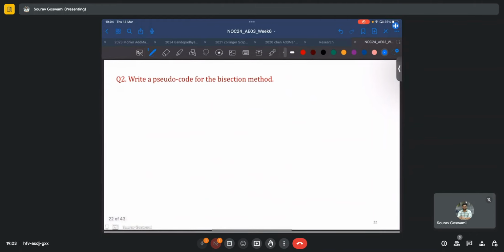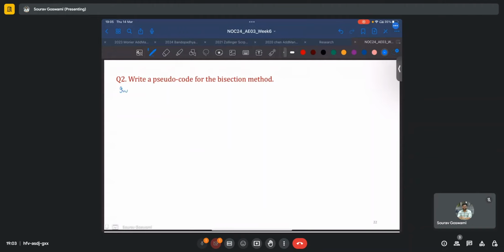And yeah, the most important thing is to write a pseudo code for this. So let us get started. When you are writing the pseudo code, we should know the objective, which is clear. So we have to find a solution to f(x) equals 0, given that f(x) is continuous on the closed interval [a, b], and of course, f(a) and f(b) have opposite signs.